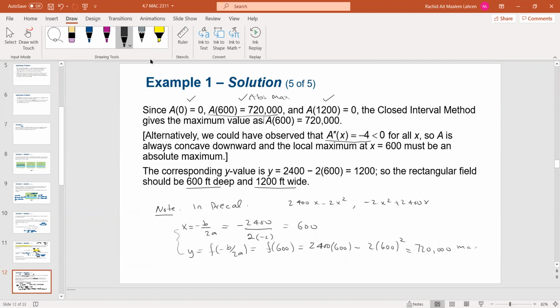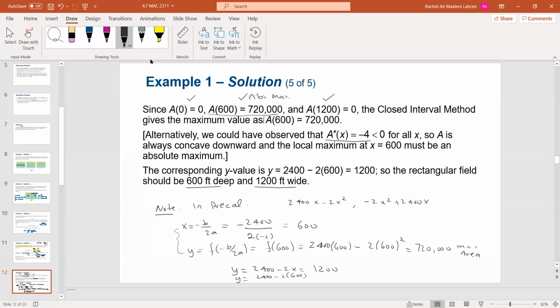So this is the maximum area. And we did at the beginning, y is 2400 minus 2x, which is 1200, right? And the 600 here to 2400.